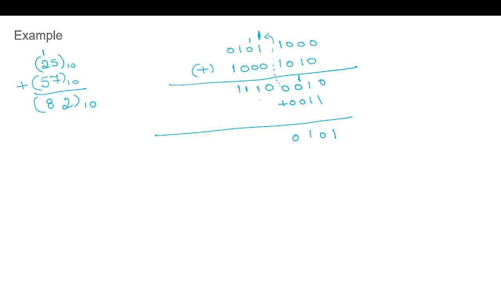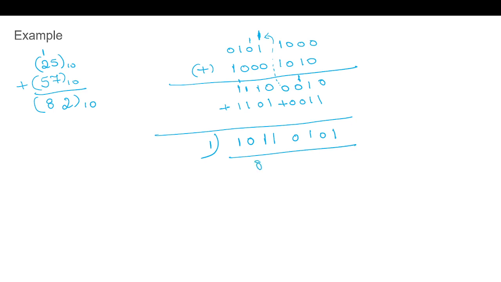There is no carry. So I have to subtract 3, or I can add 1, 1, 0, 1. So it will be 1, 0, 1 plus 1, 0, 1. And this is 100. 0 plus 1, 0 plus 1, 1 plus 1, triple 1. So this carry we can leave it and the number is positive. So this is the answer.